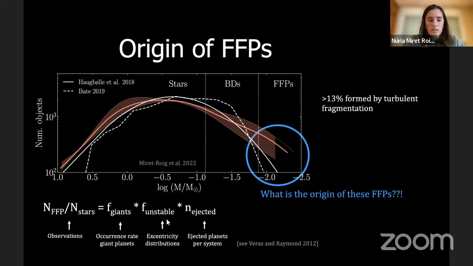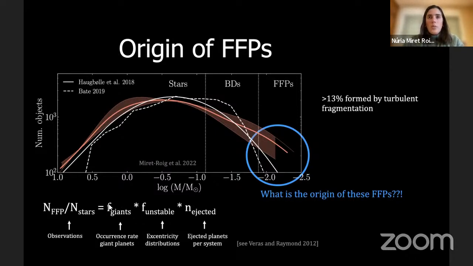And here, this is not a complicated equation. It is simply telling us that the observed fraction of free-floating planets, which would come exactly from this plot that I'm showing here, has to be similar to the fraction of stars that host giant planets.